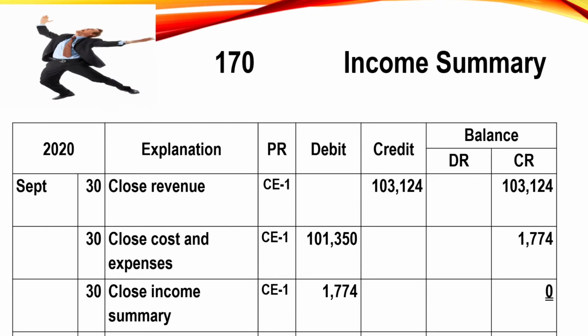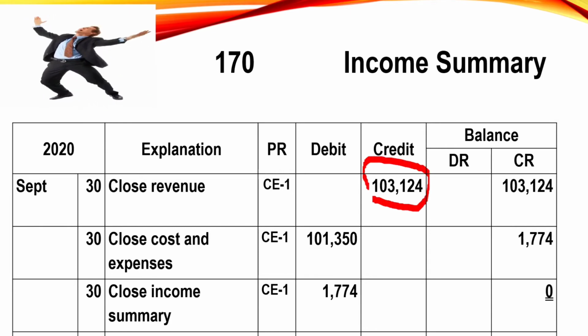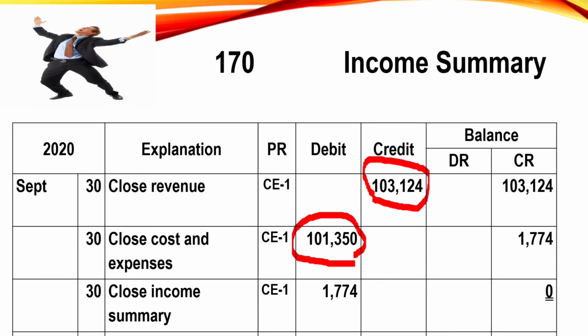The last entry there is the income summary. So, the question is, how did we get it? Where did we get this 103,124, this 101,350, and then the close income summary of 1,774?